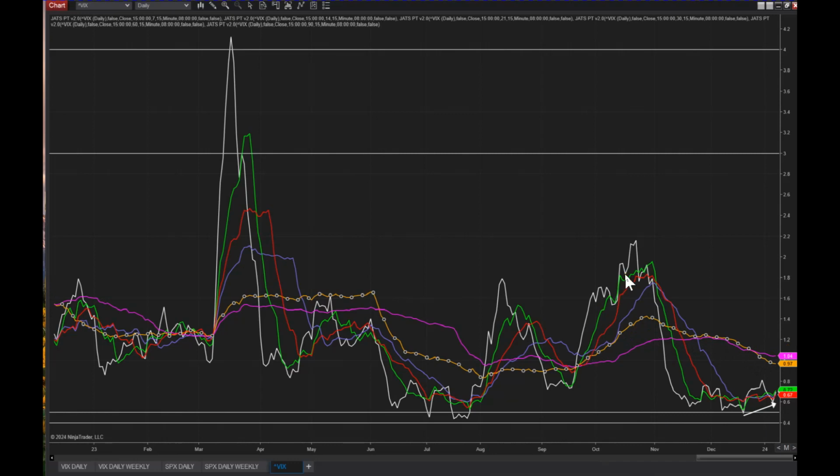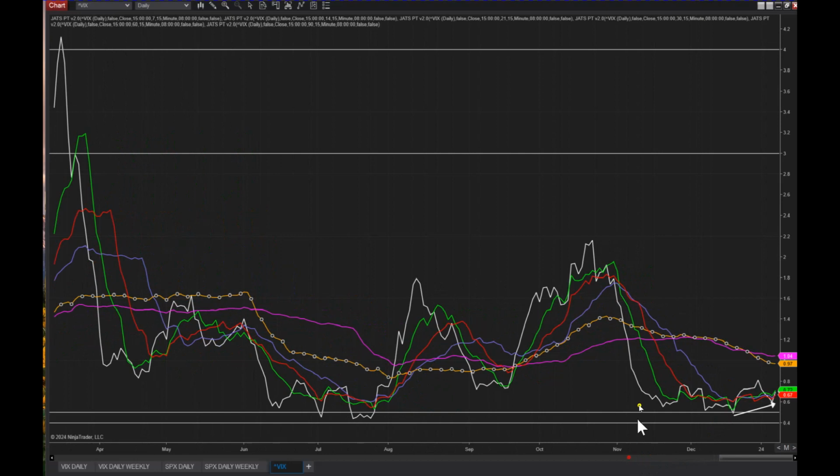You see what I'm saying? Okay. So this is very, very helpful. And Jats PT can help you with your analysis of this. And then, like I said, knowing whether your slope is short or long. Very, very helpful if you know what I mean.